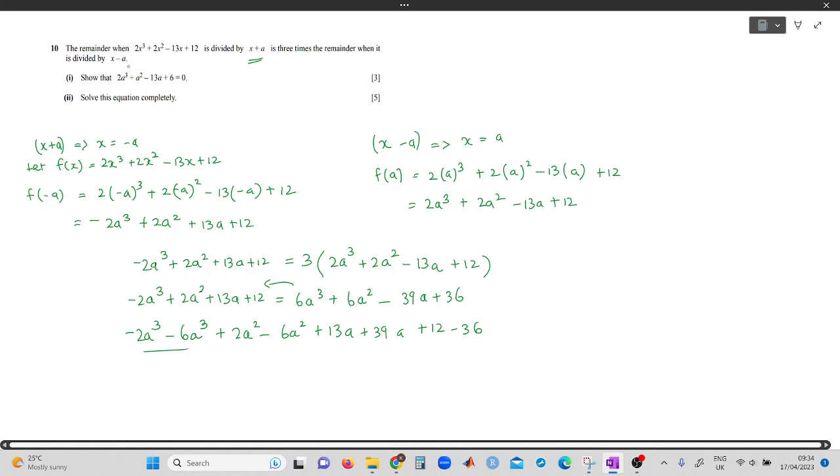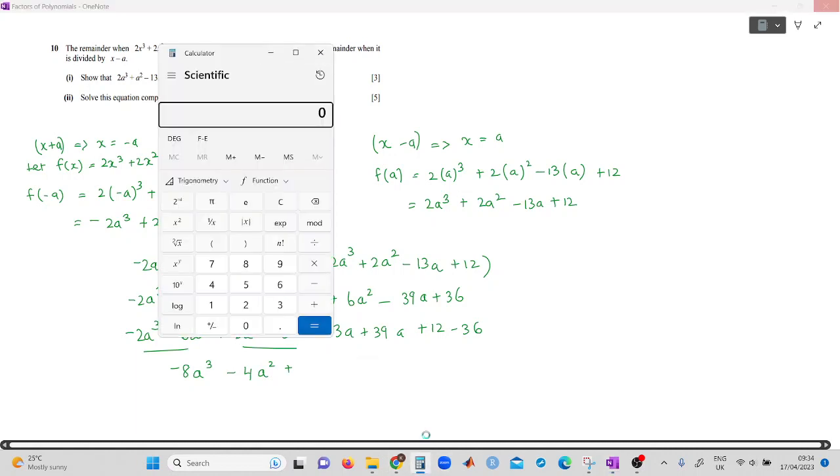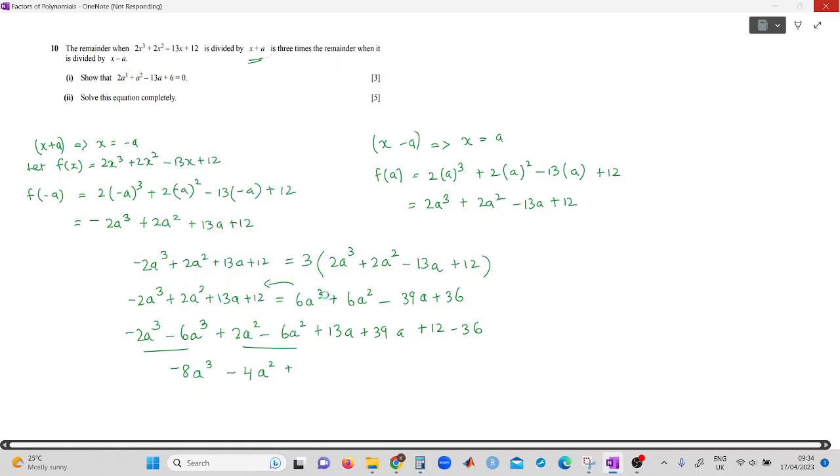Ok, donc ici, il me faut gagner minus 8a cube minus 4a square. 2a square retirer 6a square, ça fait moins 4a square. Et puis, 12 plus 13 plus 39 gives me 52.